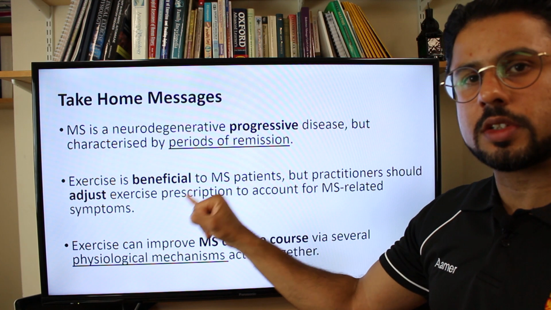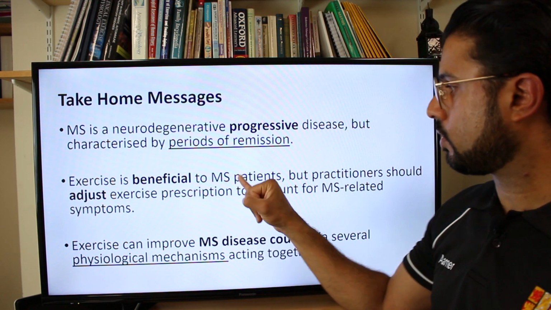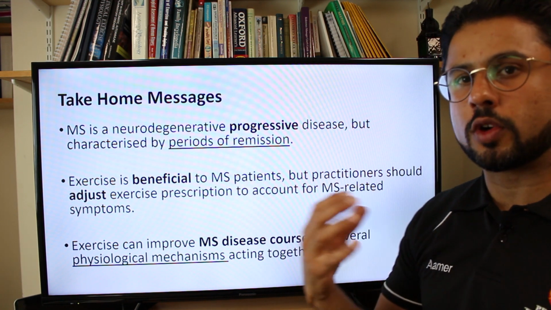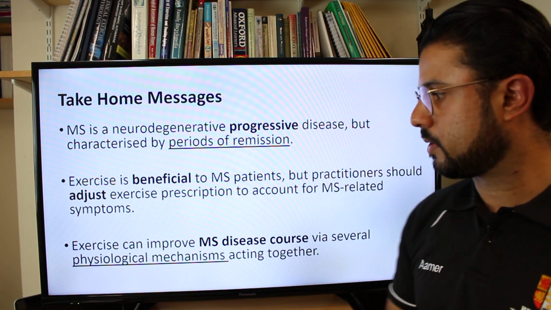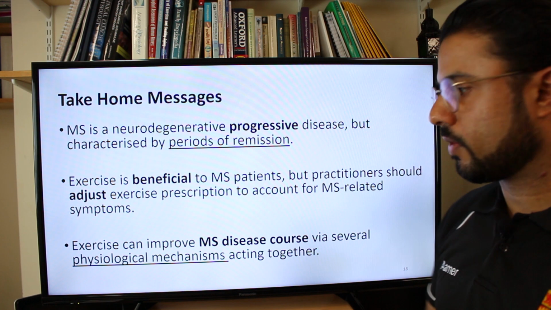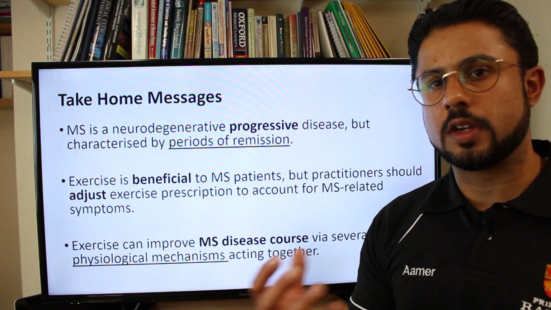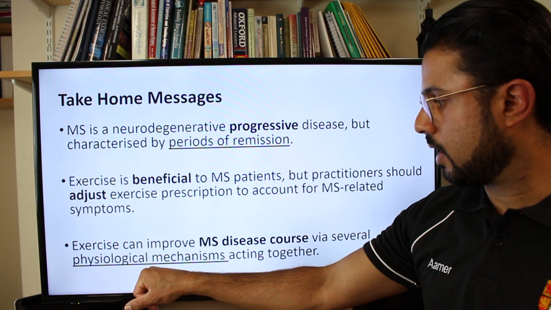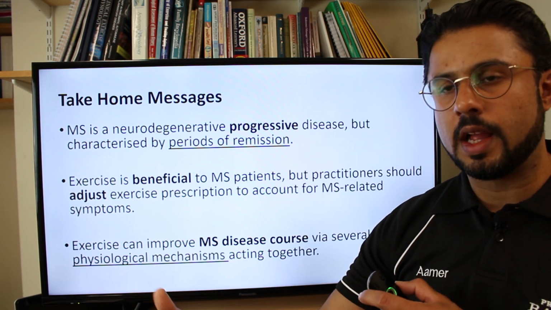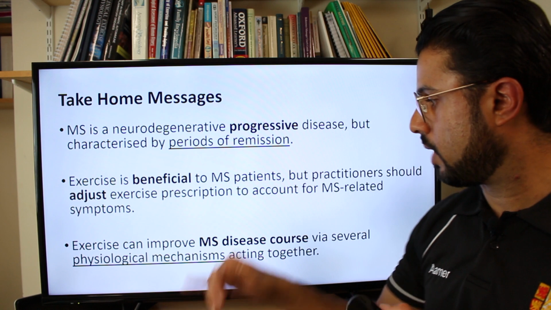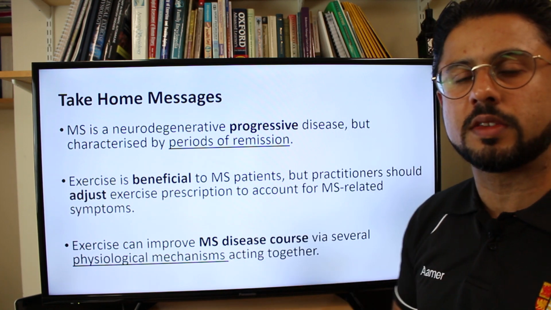We know that exercise is beneficial in MS patients, but you've got to be able to adjust exercise prescription for all of the symptoms that MS patients undergo. And fundamentally, exercise will improve several physiological mechanisms that will hopefully prevent MS from progressing rapidly, so it will improve prognosis and MS disease course.